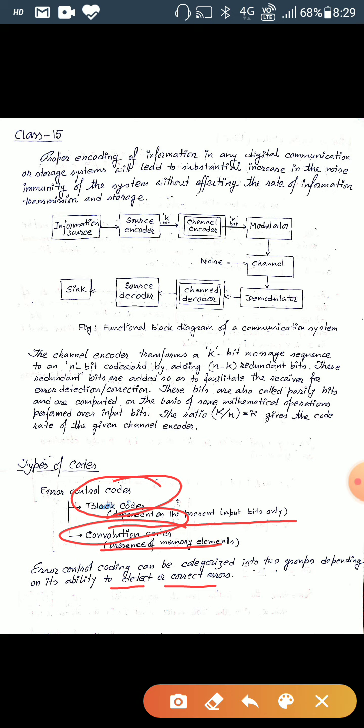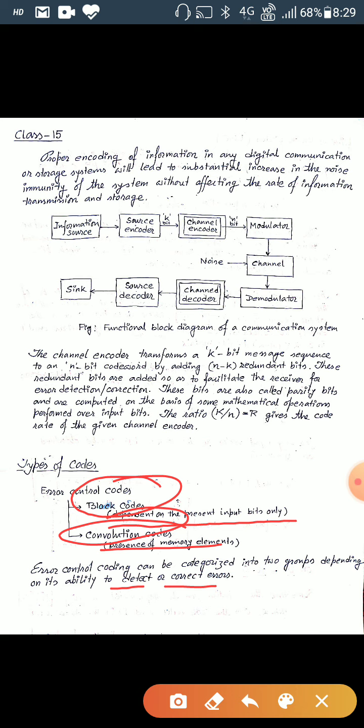If this kind of information is conveyed at the receiver side, that code will be defined as a detect code. That is, it can only detect whether any error is present or not. A correct code obviously detects the error and is also able to identify where the error occurred.